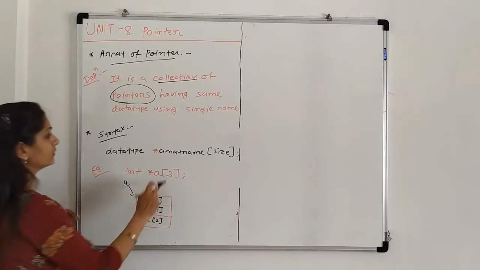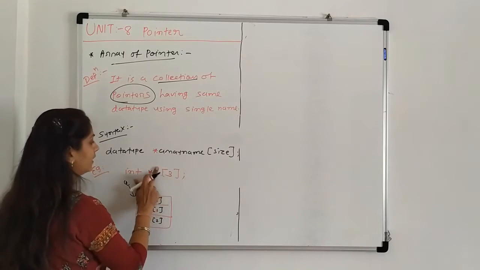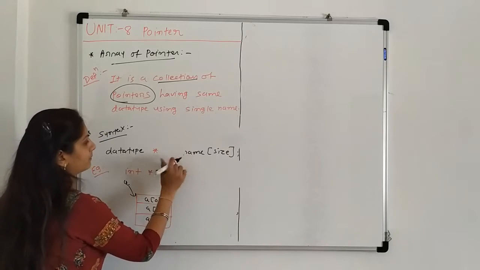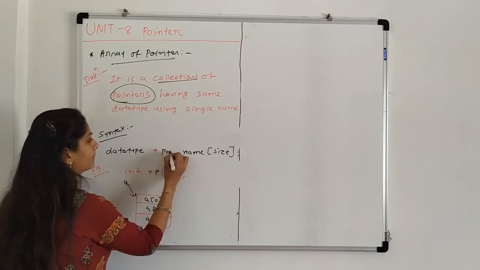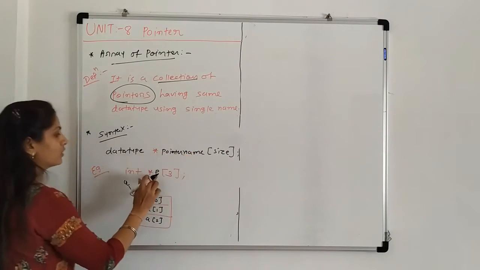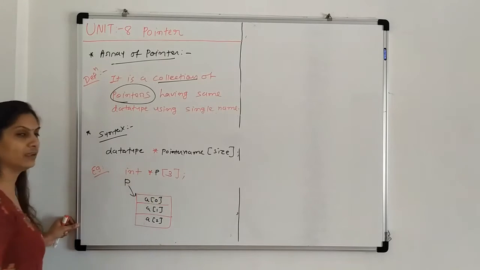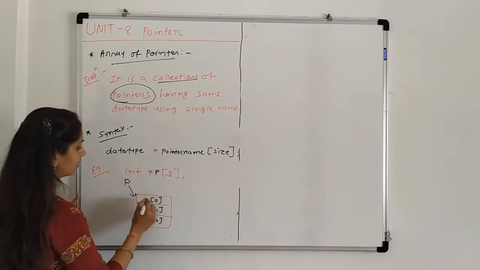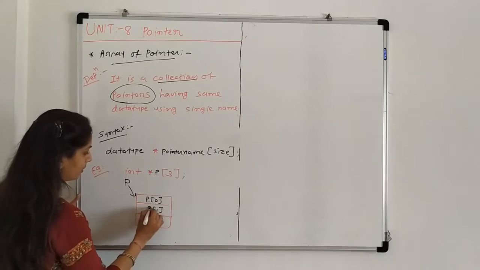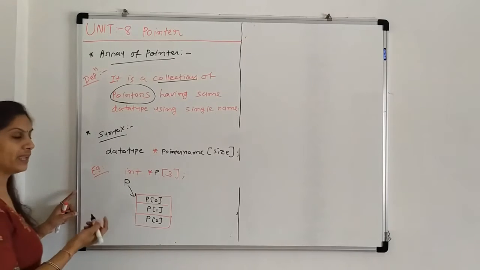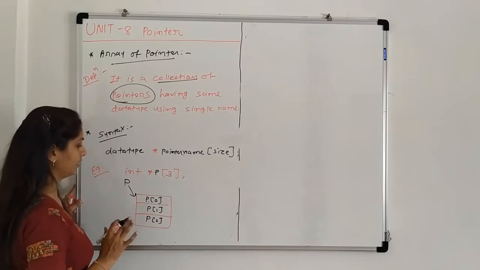Clear? Now instead of array A, it is a pointer, so we write the pointer name here. For the collection of pointers we write P. This is P0, P1, P2. You can write any variable here: P, A, X, anything.